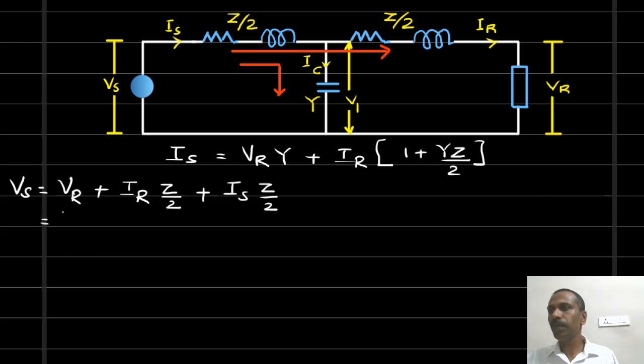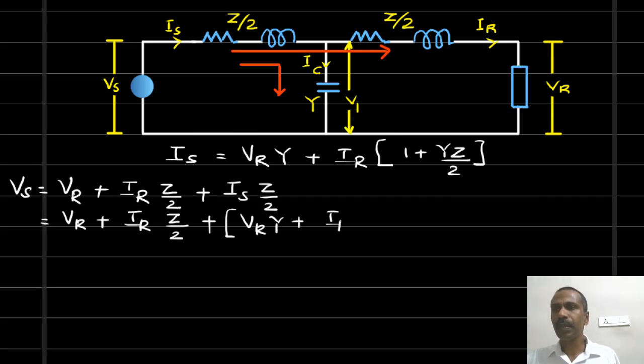So this is equal to VR plus IR into Z by 2 plus Is, which equals this much: VR into Y plus IR into 1 plus YZ by 2, into Z by 2.